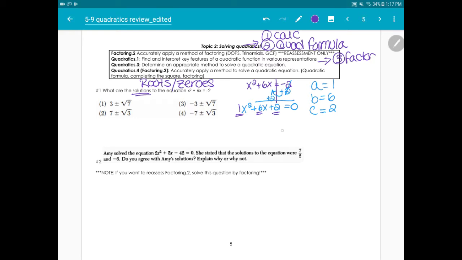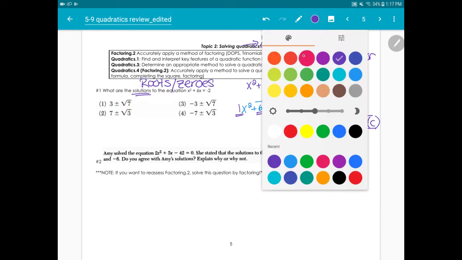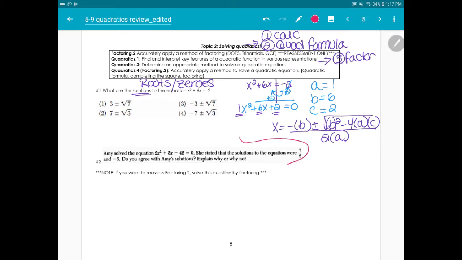So let's plug into the formula. X equals negative b plus or minus the square root of b squared minus 4ac, all over 2a. I'm going to run out of space, so I'm going to make this line to show my work over there.